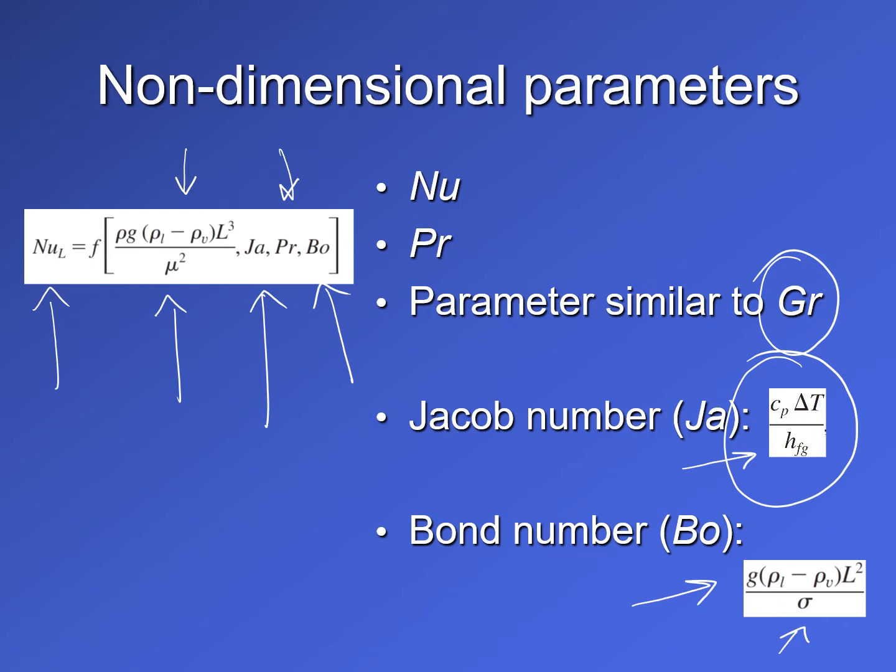So the Grashof number, or the number that looks like a Grashof number here, is bringing in the effect of viscosity as well as the density difference. Remember that it is the difference in the densities which results in the fluid becoming buoyant.